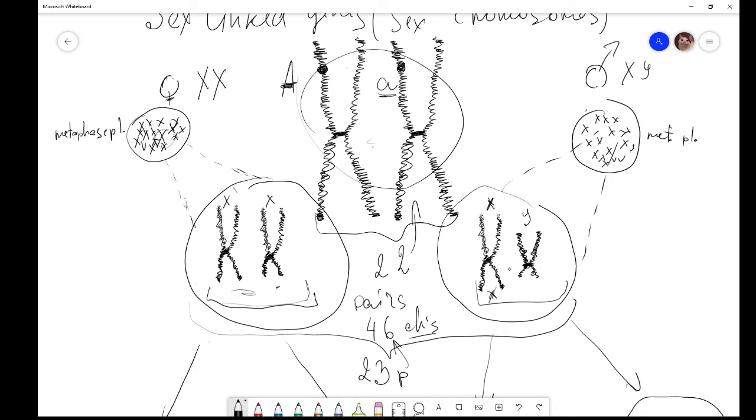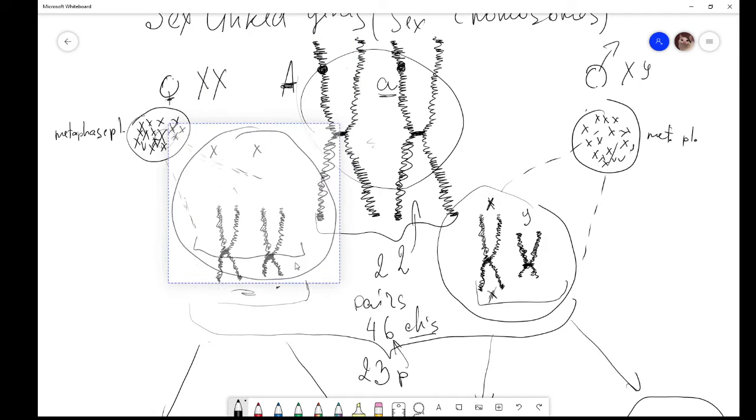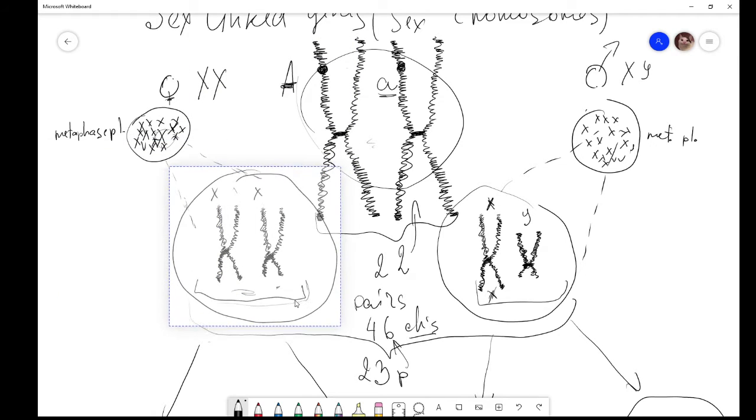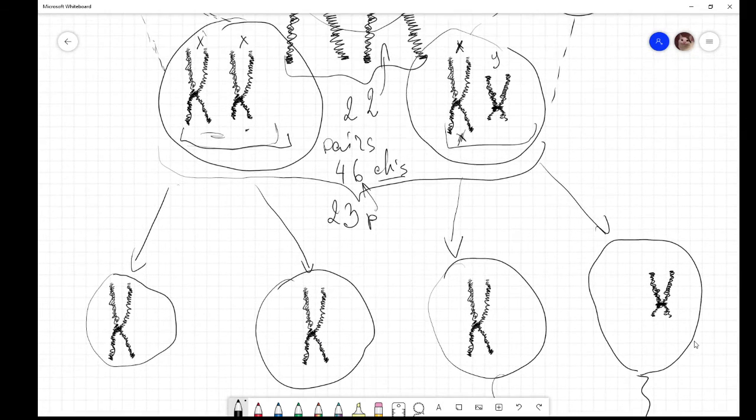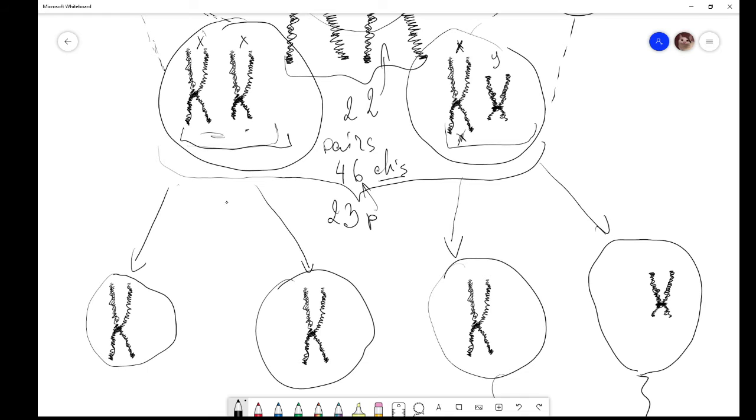Females can thus only transfer X chromosomes to their offspring because they only have X chromosomes, while males can transfer one X chromosome or one Y chromosome to their offspring.